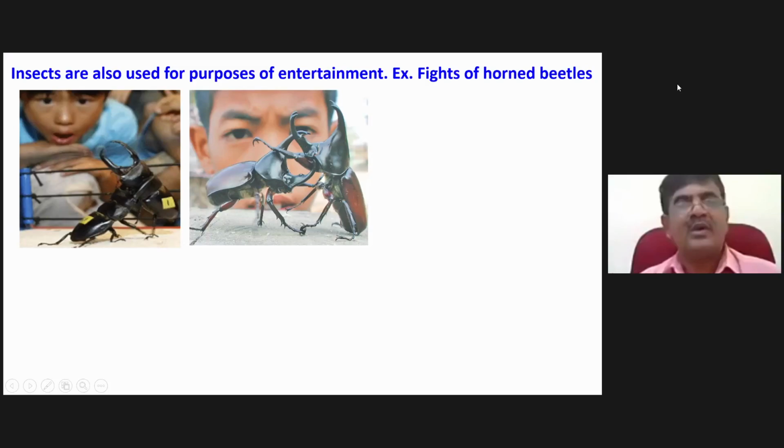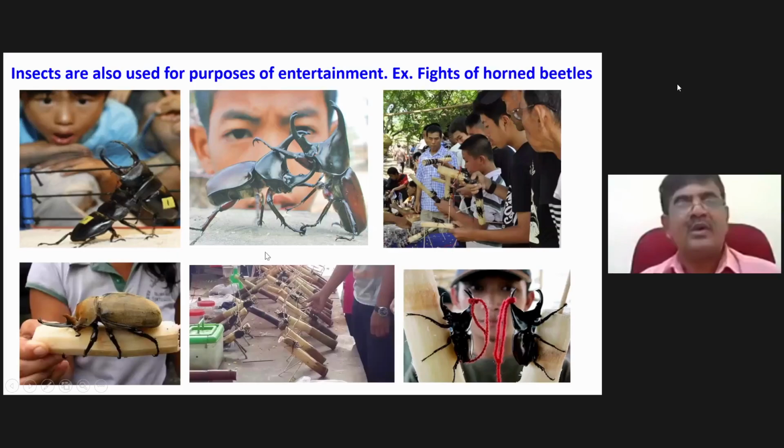And these insects are sold in the markets. If you look at the diagram, you can see sugarcane juice here, and this is a beetle.